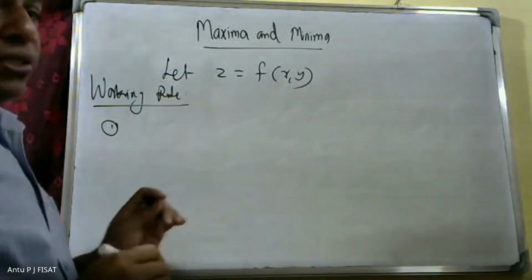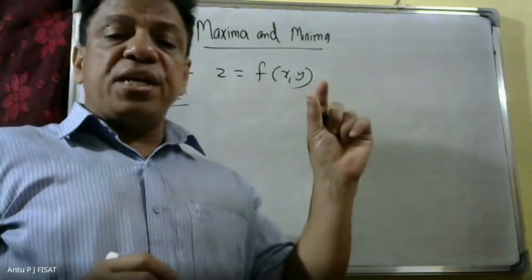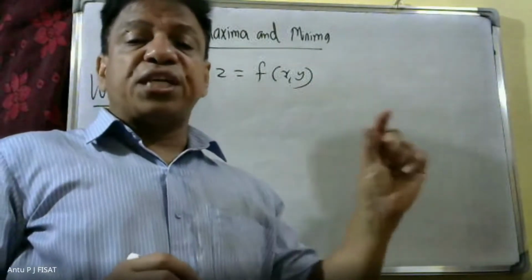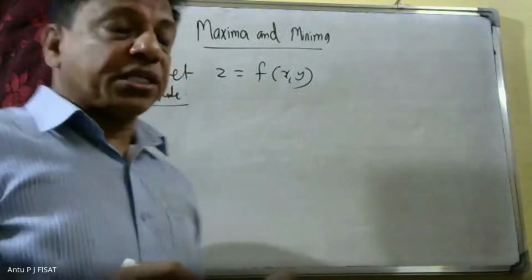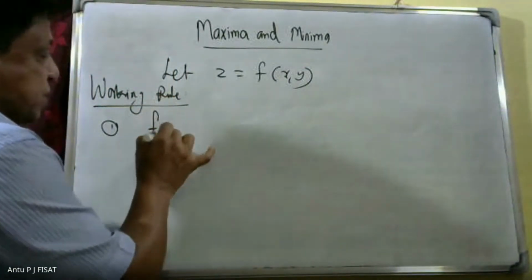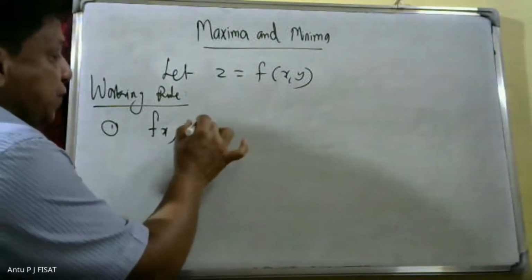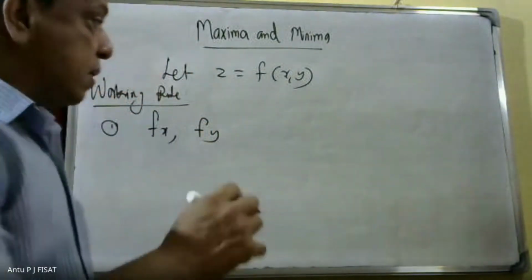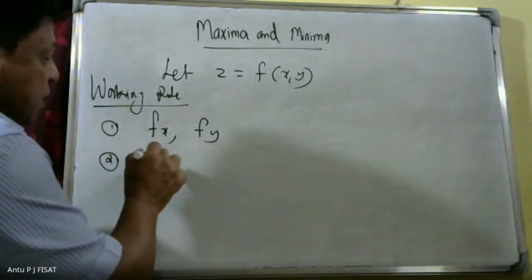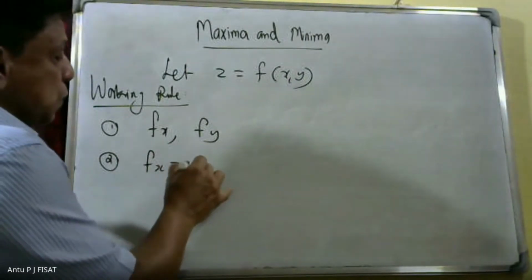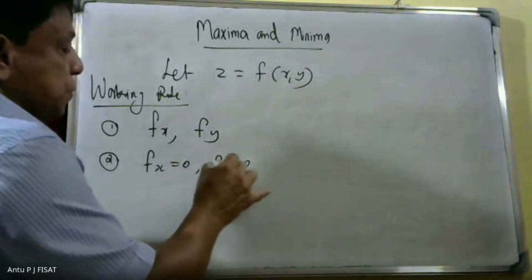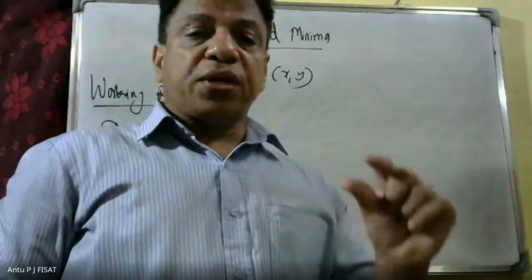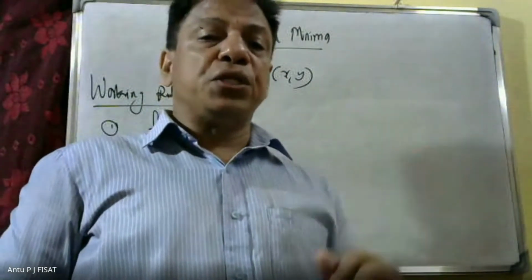The first point is, first we partially differentiate the function with respect to x, that is fx. Then partially differentiating with respect to y, then fy. Then second point, fx is equal to 0 and fy equal to 0.